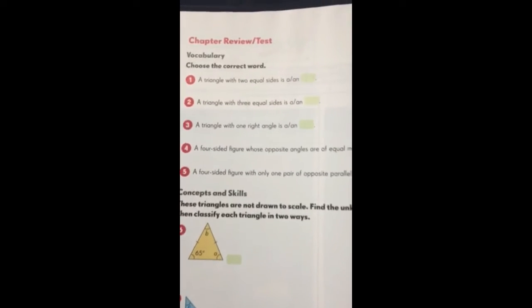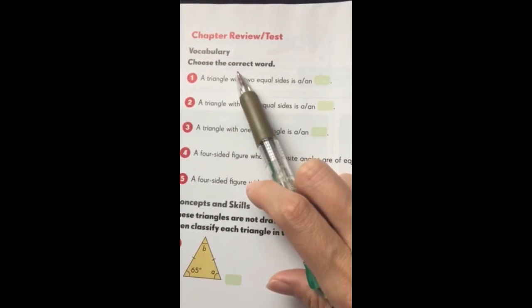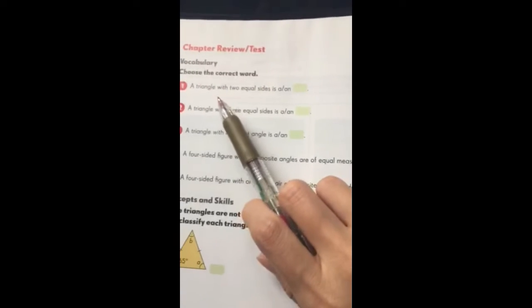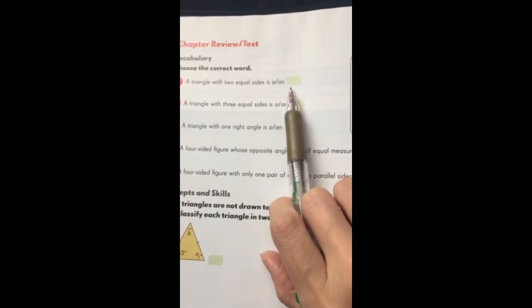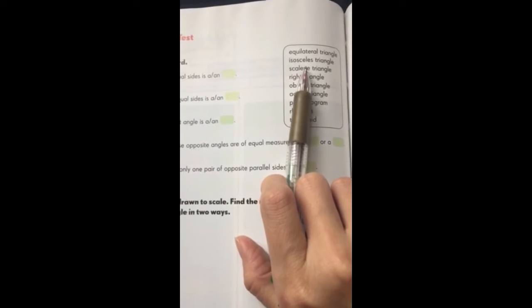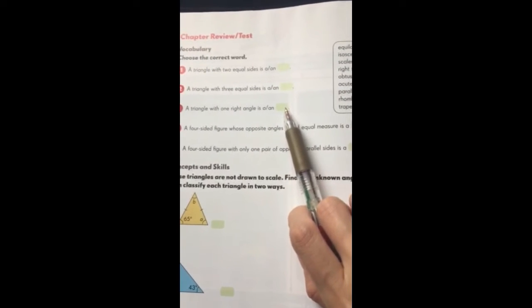This is your chapter review or test. Number 1, choose the correct word from the word bank. A triangle with 2 equal sides is an isosceles triangle. And you have 5 blanks to fill in with all these words here.